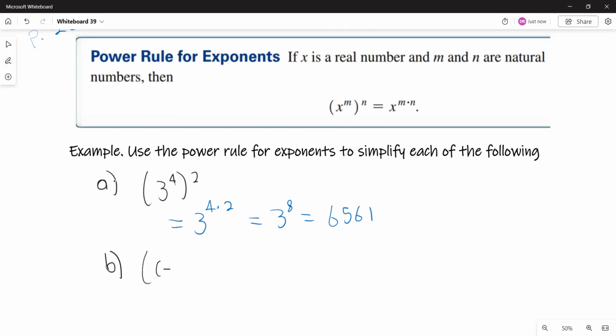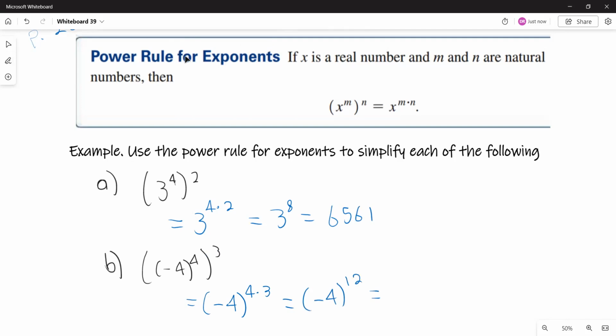And B, -4 to the 4th power to the 3rd power. The power rule says that this is -4 to the 4 times 3. So that's -4 to the 12th power.